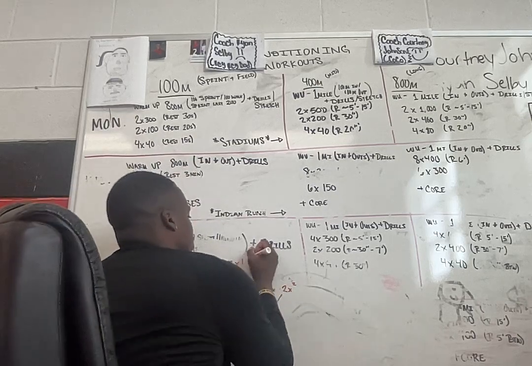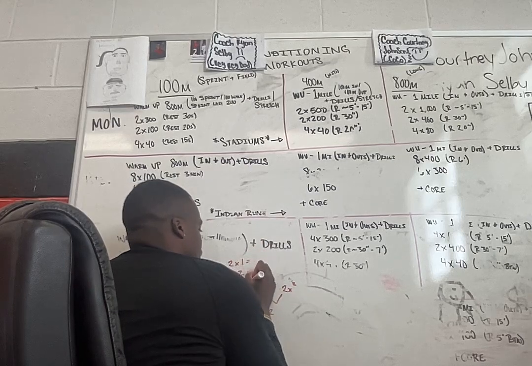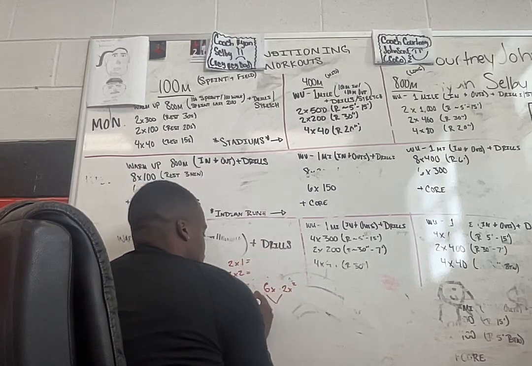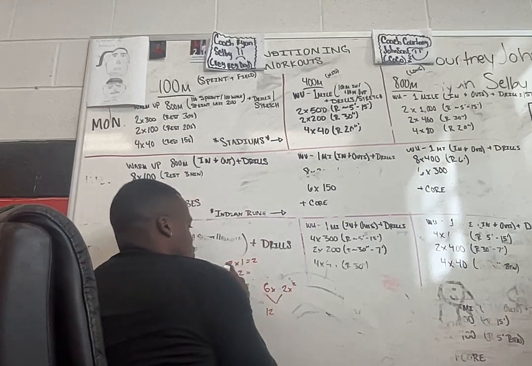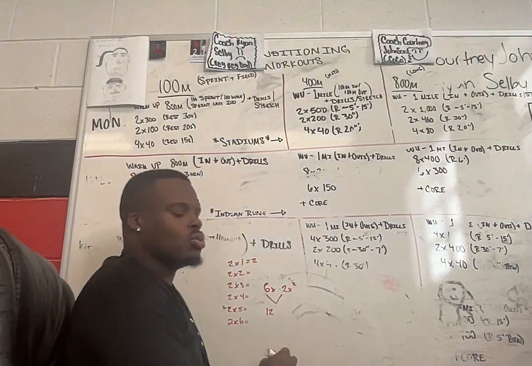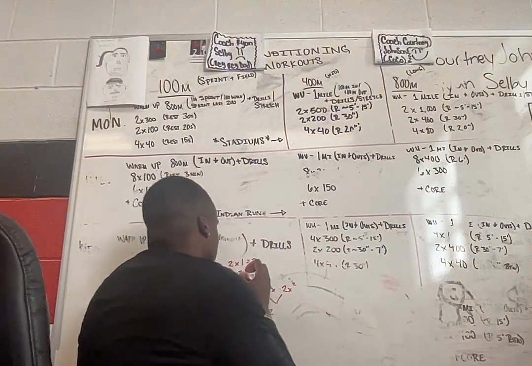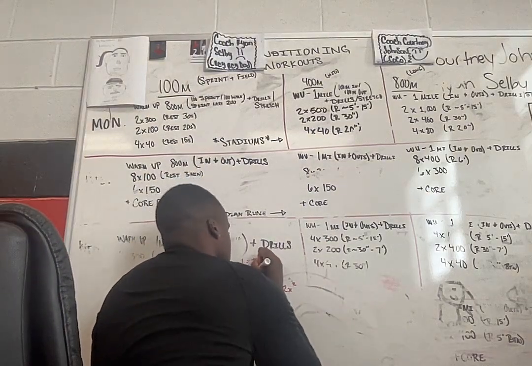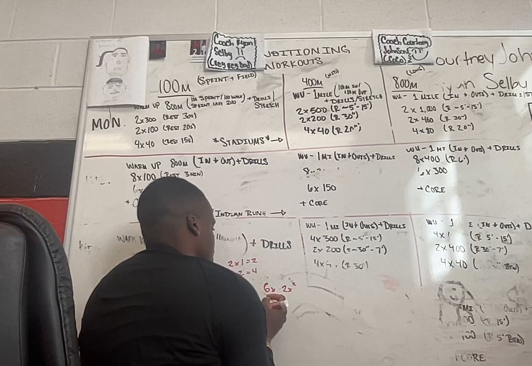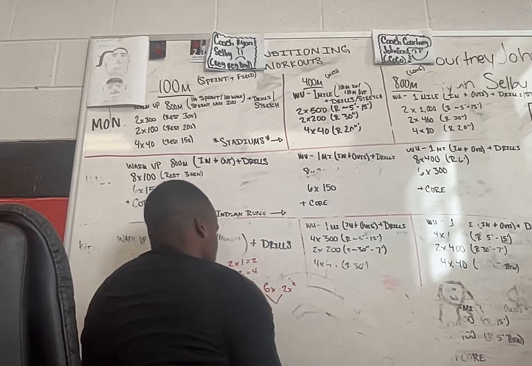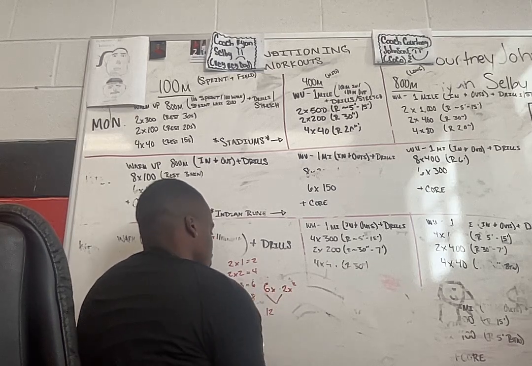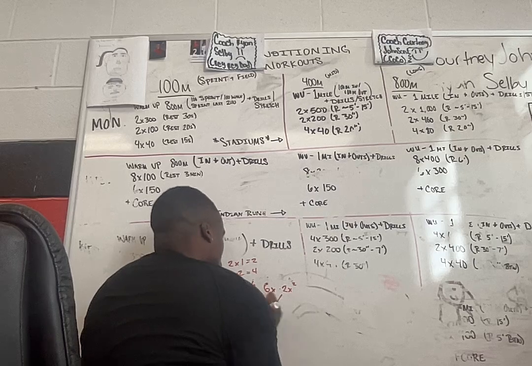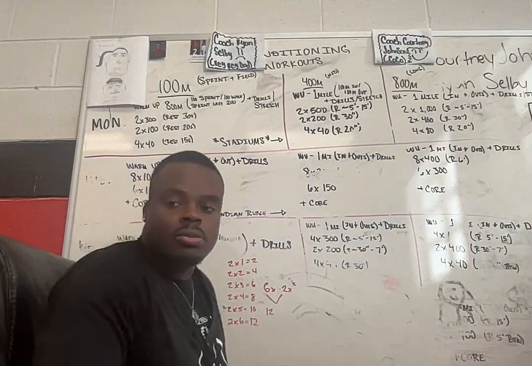So anytime that we multiply with 2's, I'm always going to increase by how many? 2. So 2 times 1 is 2, 2 times 2 is 4. What's 2 times 3? 6. 2 times 4, 8. 2 times 5, 10. And then 2 times 6 equals 12. So we got that part, okay?